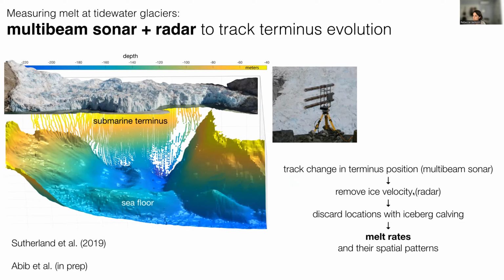And then using radar for ice velocities, the ice velocity can be removed from that change in the terminus. And then if locations of iceberg calving are discarded, you end up with melt rates and, notably, information about the spatial patterns of the melt rates across the terminus. So this is an exciting development.